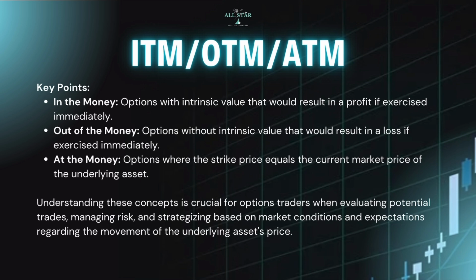So let me give you an example. Let's say you wanted to purchase an options contract and the stock price was maybe $2 to $3 within whatever you're looking for the strike price. That's going to tell you that you're buying close enough within the money to make sure it's profitable. But if you were looking at a strike price that's maybe $10, $15, $20 away from what the actual share price is, that's going to be buying out the money.